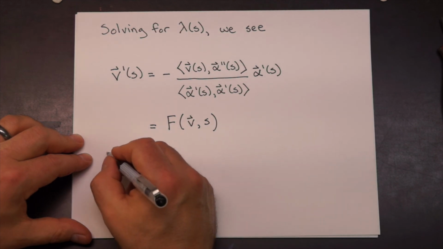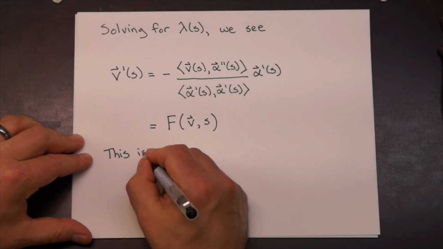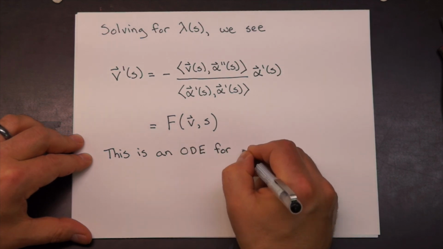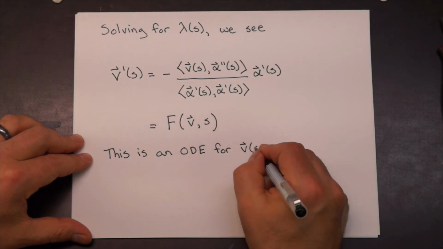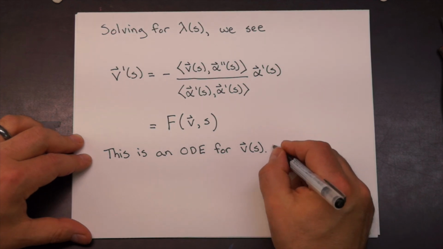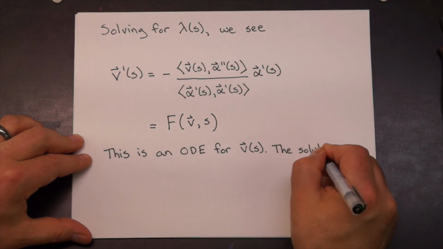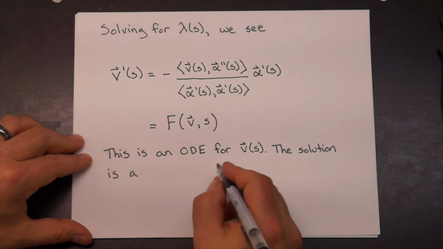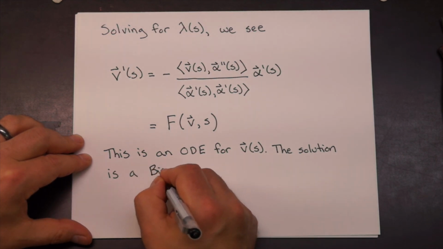This is an ordinary differential equation which defines the frame v of s. The solution to this differential equation is called a Bishop or inertial or sometimes a relatively parallel frame.